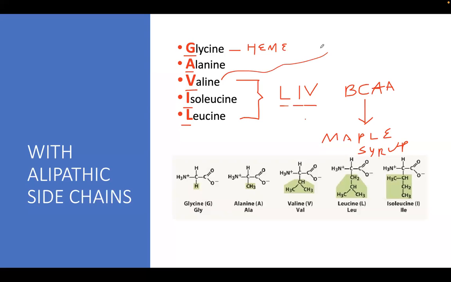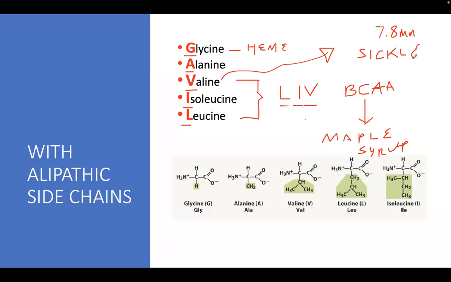Now, tip: if we want to top the exam, we want to excel, valine is important in what type of missense mutation, which results in an abnormal shape of the red blood cell? Instead of being a biconcave disc with a diameter of 7.8 micrometers, the RBC will now appear sickle-shaped. So this is sickle cell anemia.